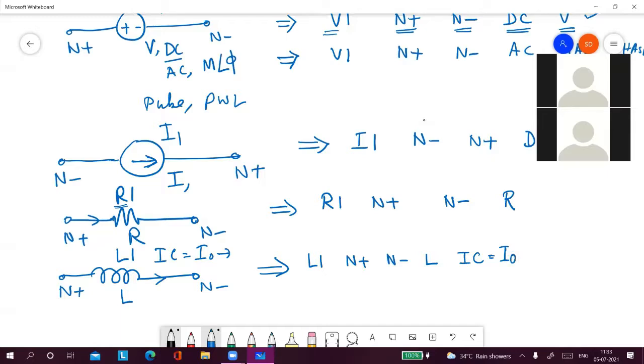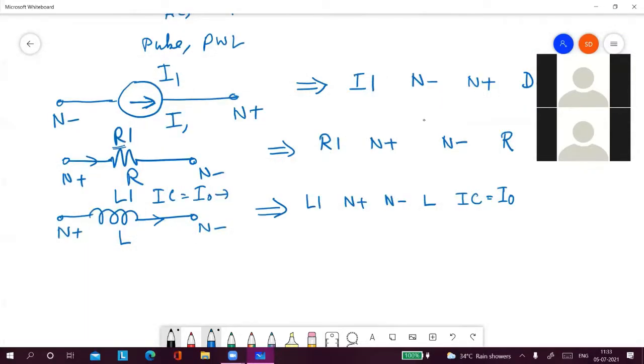So this is the SPICE statement for the inductor: the name, then the connection, positive end and negative end, then the value, and if the inductor is initially magnetized, we have to mention the initial magnetizing current.